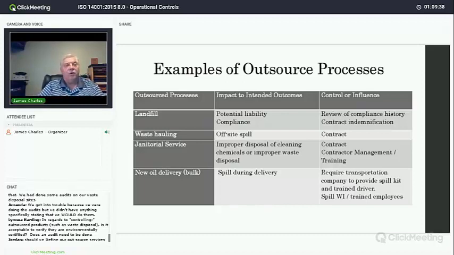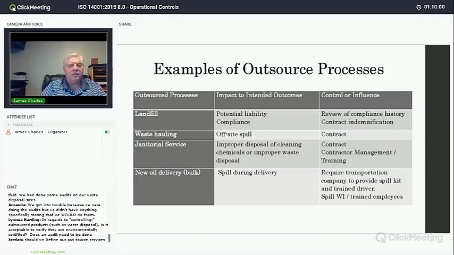So as you can see, some of these are things that we've already been doing as part of our contractor management programs. Some of these are things that we're already doing as part of our contract process. But again, it's up to you guys to determine and define how this is done to your external auditor.